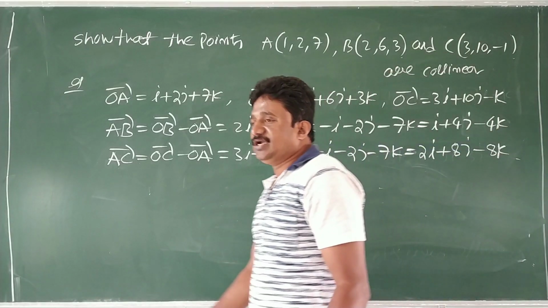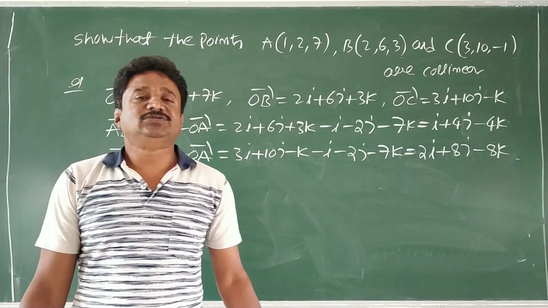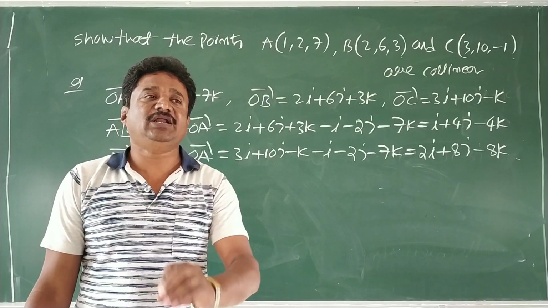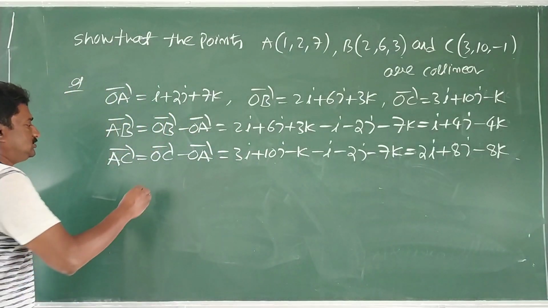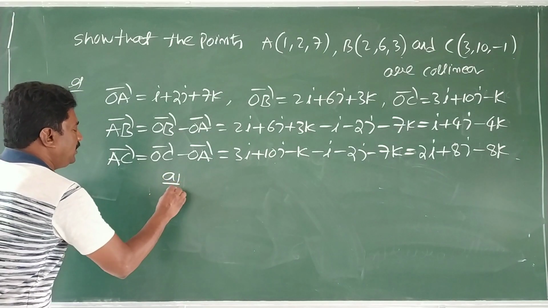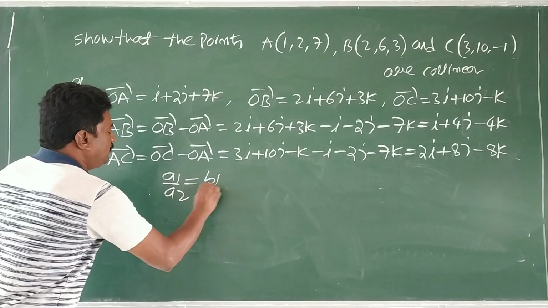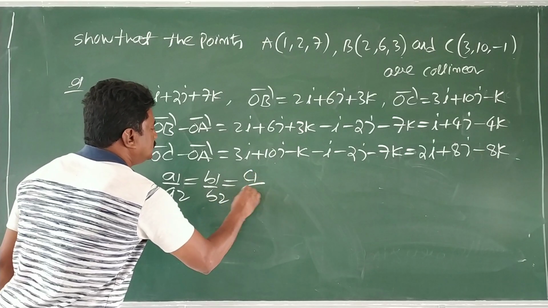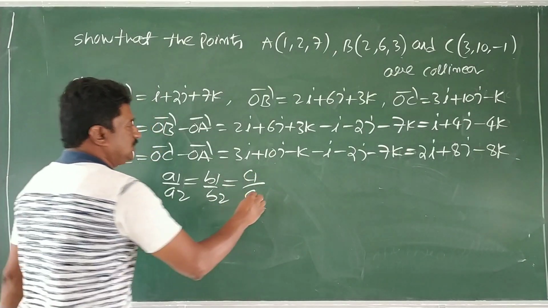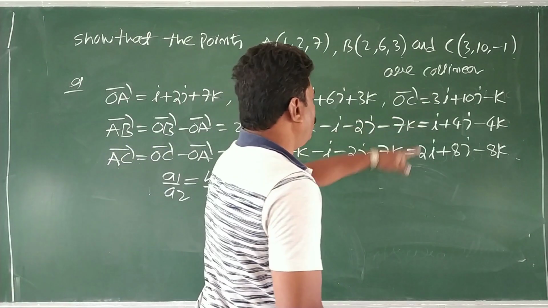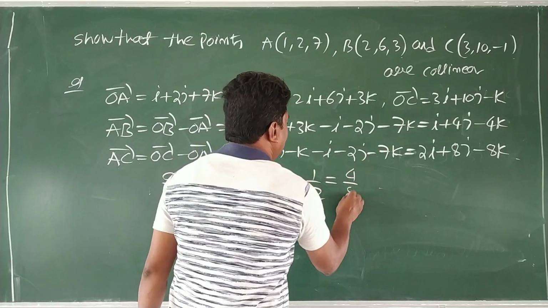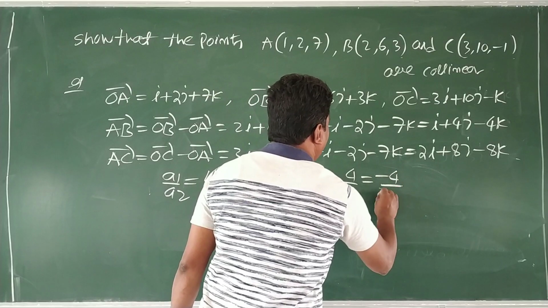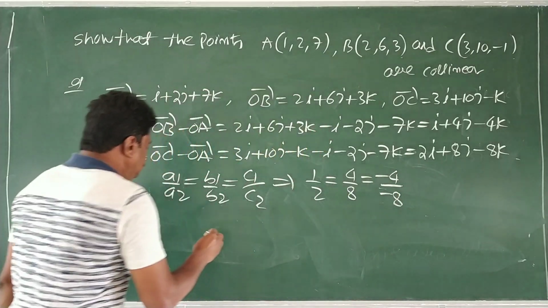Now you check that collinearity condition. So tell me what is that collinearity condition? A1 by A2 is equal to B1 by B2 is equal to C1 by C2. So check that. How much is A1? 1 by 2. A2, 4 by 8, so minus 4 by minus 8.